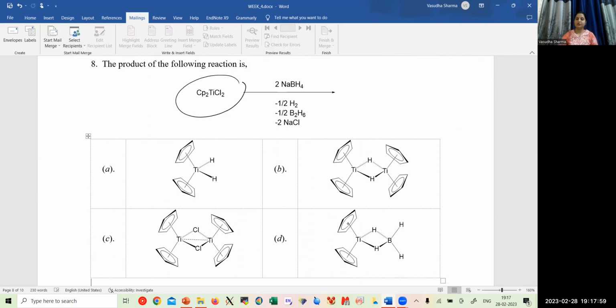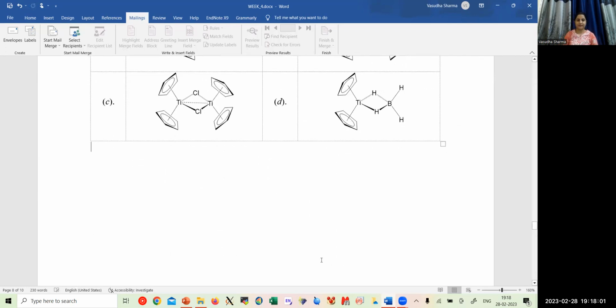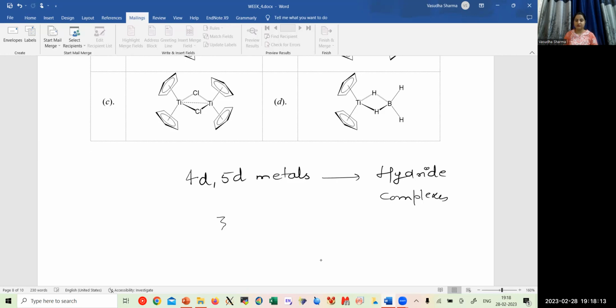In case of 4d and 5d metals, they will form the hydride complexes. But in case of 3d metals, the hydride complexes become so reactive that they get dimerized on the loss of H2.